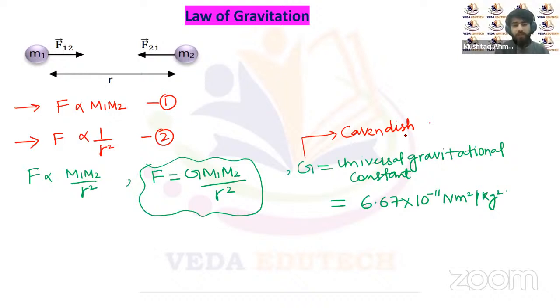Now, this is the first point: the magnitude of the force between two bodies is G m1 m2 upon r square. The direction of the force is along the line joining the two bodies.